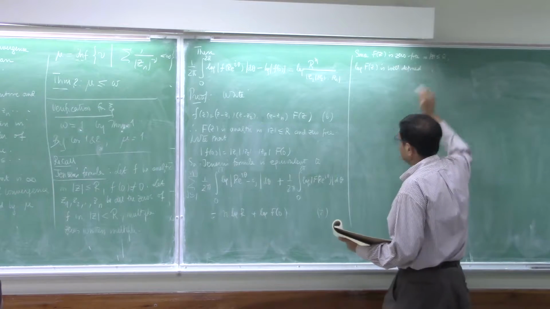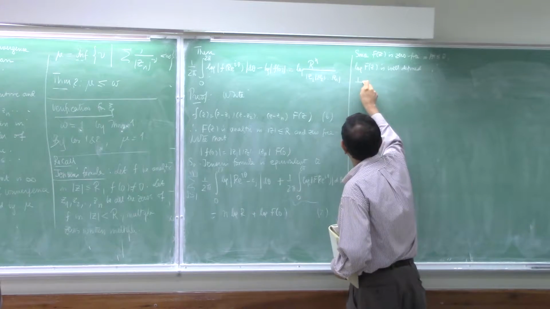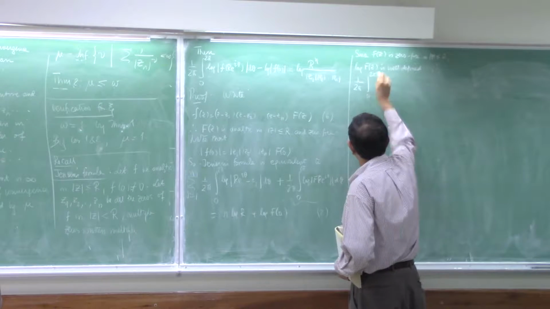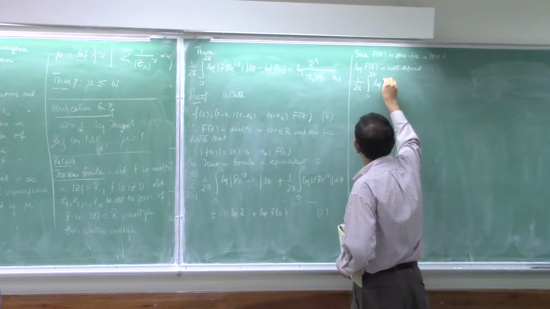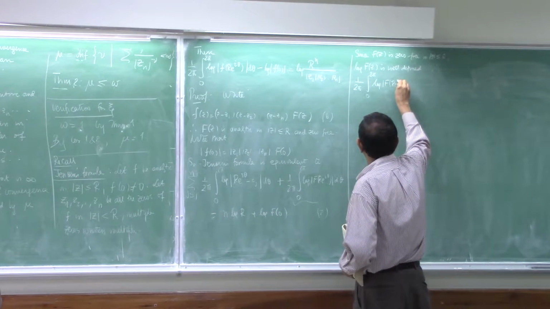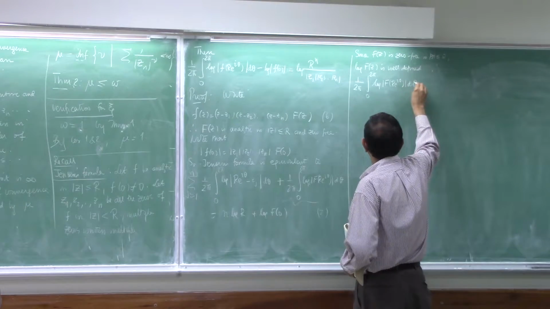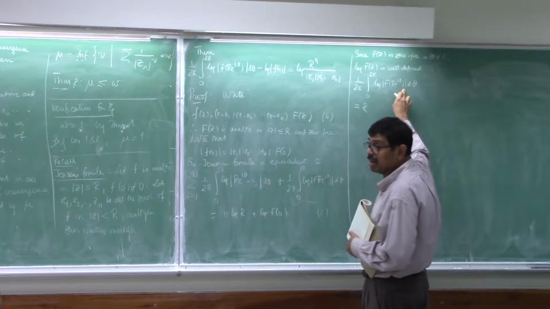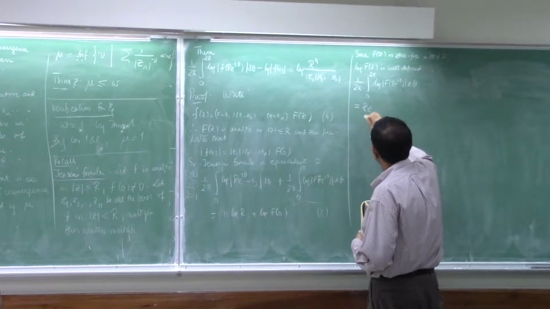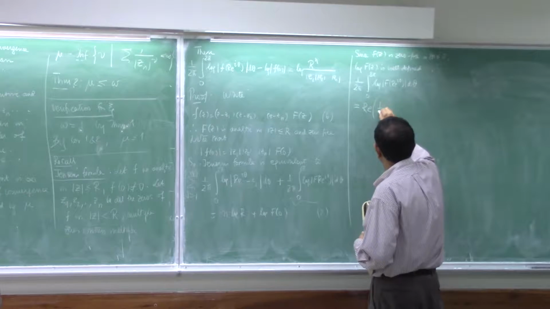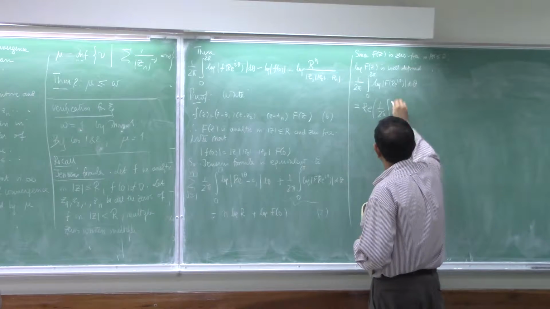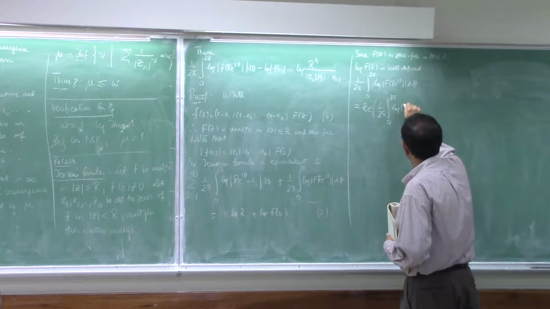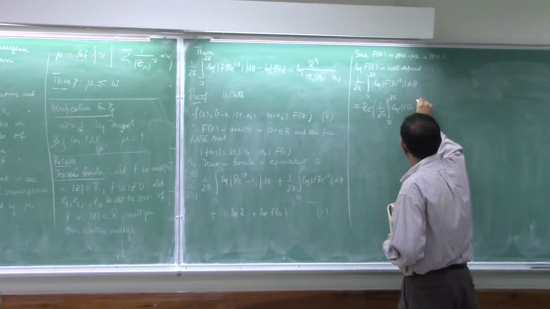Therefore, this integral, 1 over 2 pi of the integral from 0 to 2 pi of the logarithm of the absolute value of f of r e to the I theta d theta, can be viewed as the real part, because I'm looking at the logarithm of the absolute value, of 1 over 2 pi of the integral from 0 to 2 pi of the logarithm of f of r e to the I theta d theta.